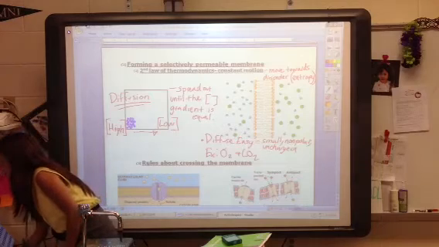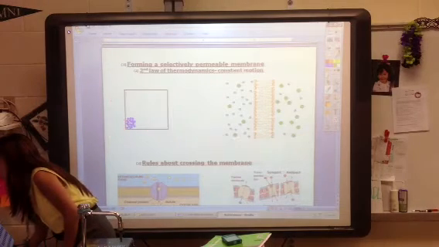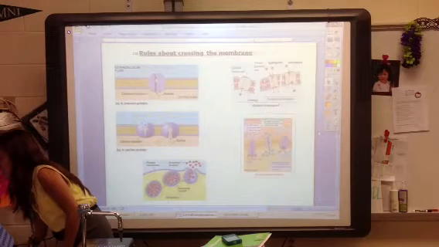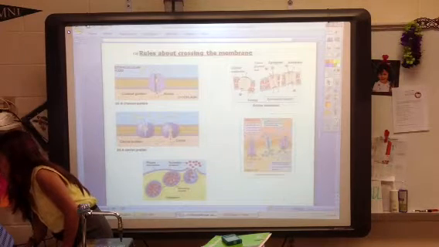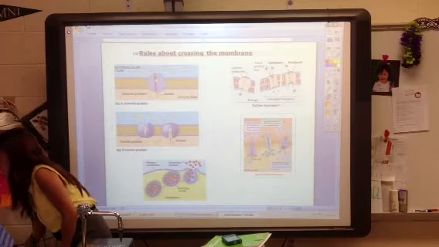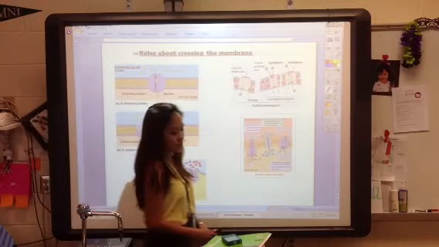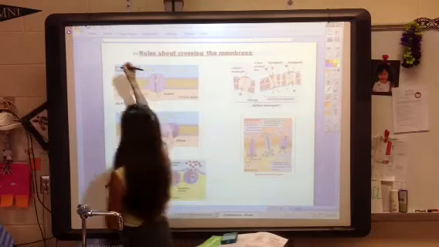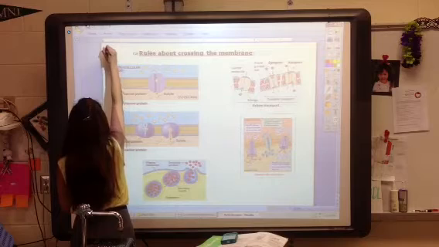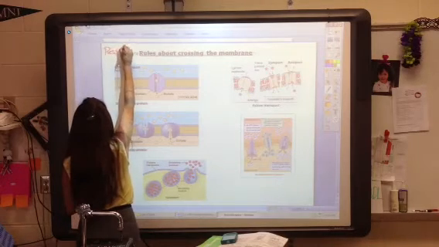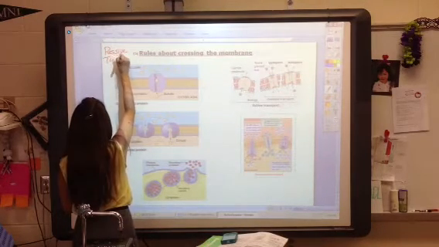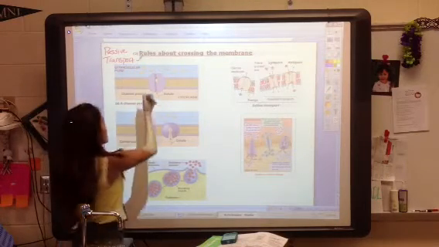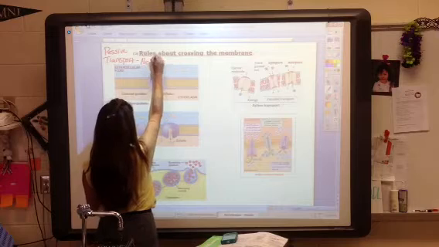When we talk about transport, there are two main types we'll focus on: active and passive transport. Here are some rules. On the left-hand side, we have passive transport, which requires no energy.